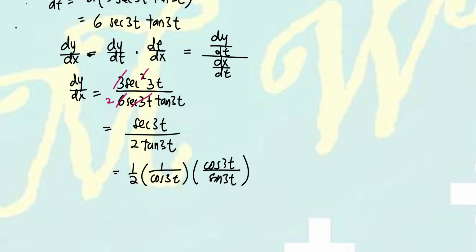Now the cos 3t will be cancelled off, and you will be getting half times 1 over sine. 1 over sine is cosec. So therefore your a is half. Okay, so done for this question.